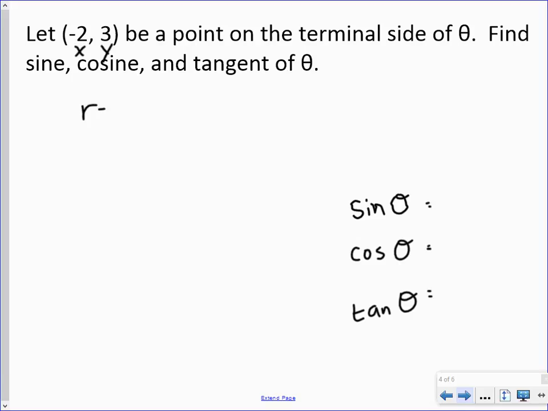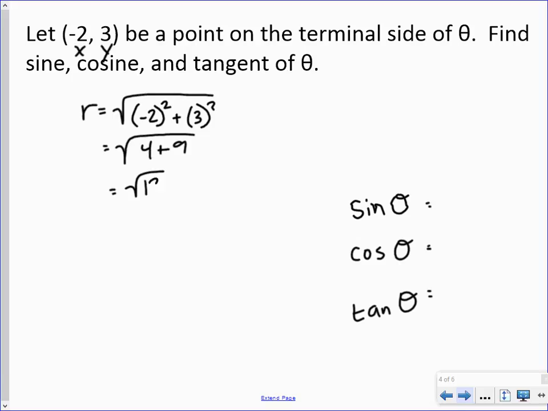So I've got some people who are just jumping right into that definition, saying, I know every time I calculate the radius will be the square root of x squared plus y squared. In this particular instance, it will be the square root of 13. And once you have x, y, and r, you're ready to do your three trig ratios. Sine is y over r, cosine is x over r, and tangent is y over x.